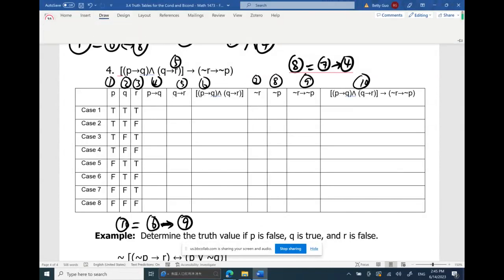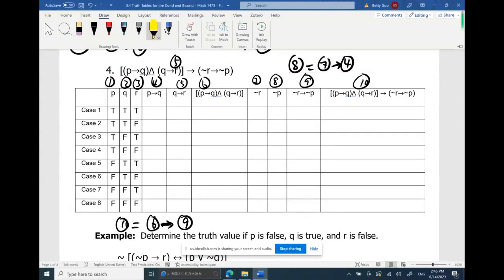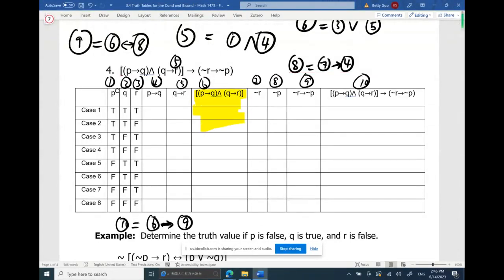So the two pieces we need to pay attention to are this one and this one. Okay? The targeted compound statement includes 3 simple statements. That's how we have 8 cases. Whatever columns we need are already in the table, so we're going to fill in the blanks.